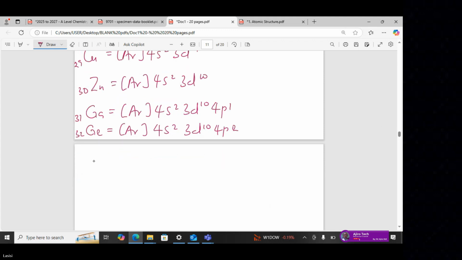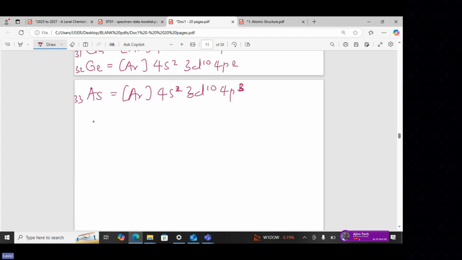Then arsenic is number 33. You're not to memorize this. They give you a copy of it in the exam, so you don't have to write it or memorize them. Is that okay? All right.